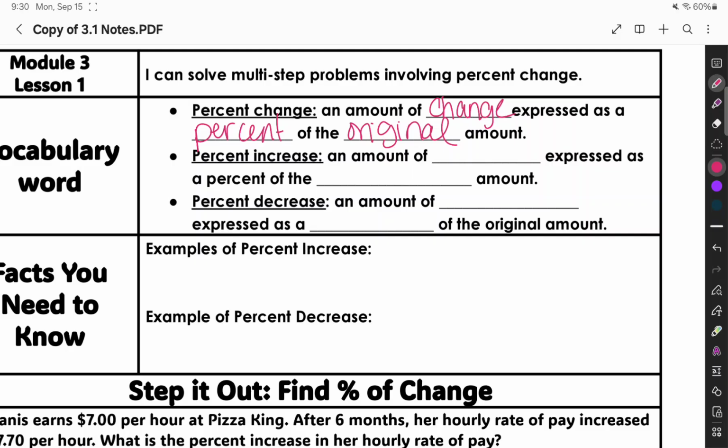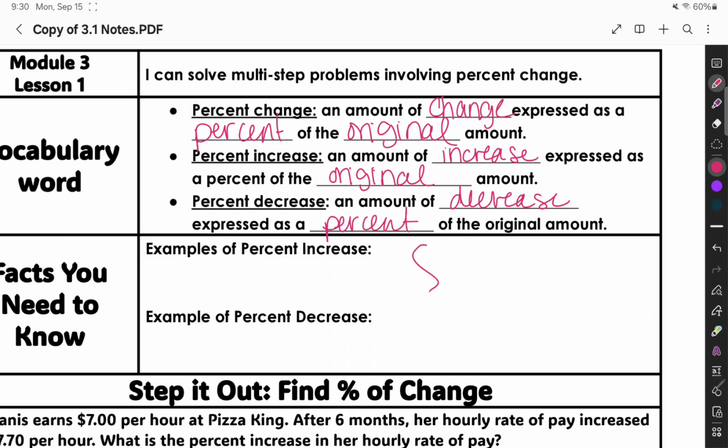The definition for percent increase is an amount of increase expressed as a percent of the original amount, and percent decrease is the opposite: an amount of decrease expressed as a percent of the original amount.